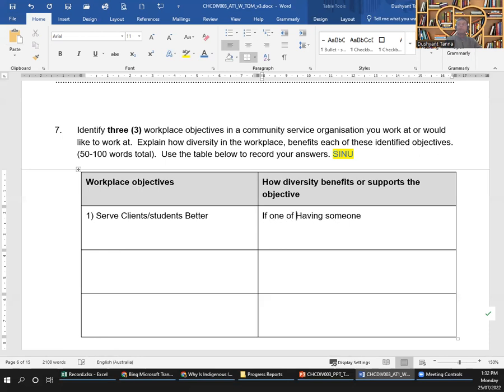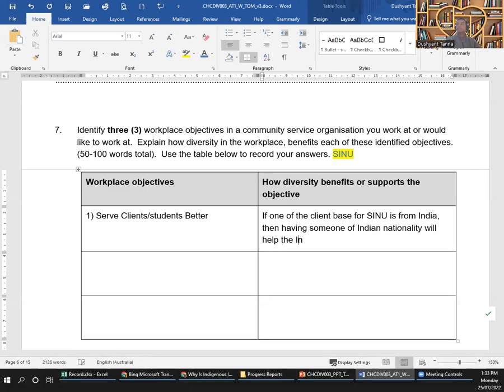If one of the client bases for SINU is from India, I'm just speaking of India because I'm sure you wouldn't mind, then having someone of Indian nationality will help the Indian customer to be served.